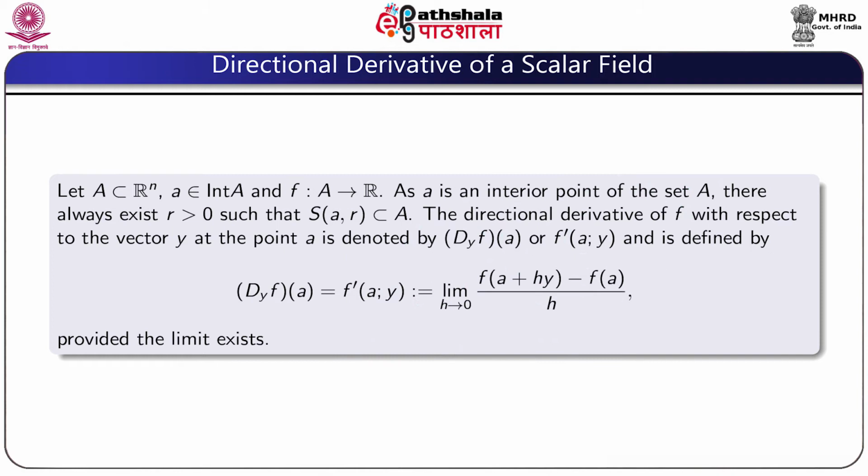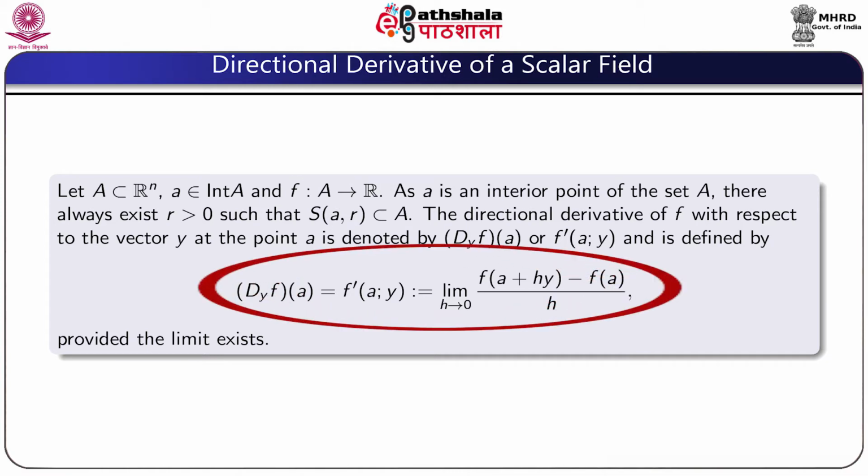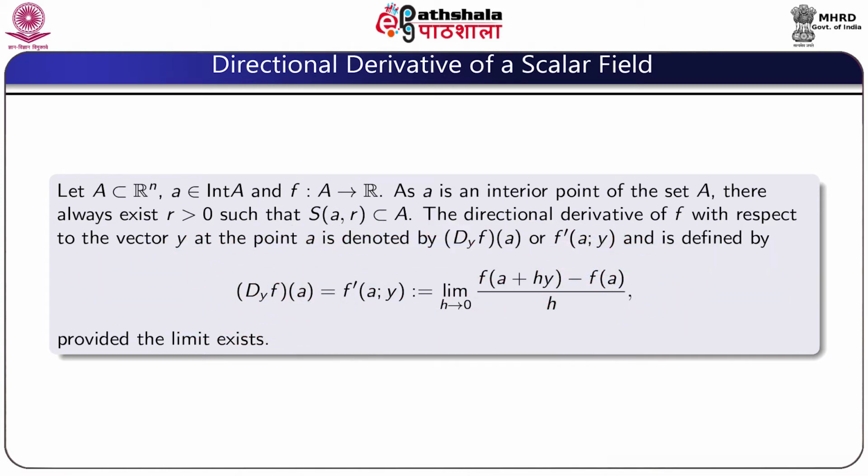Let A be a subset of R^n, a be an interior point of the set A, and f is a scalar field defined on the set A. Since a is an interior point of the set A, we can always find an open sphere S(a, r) which lies entirely within the set A. The directional derivative of f with respect to the vector y at the point a is denoted by the symbols d_y f(a) or f'(a, y) and defined to be the quantity limit of [f(a plus h y) minus f(a)] by h as h approaches 0, provided the limit exists.